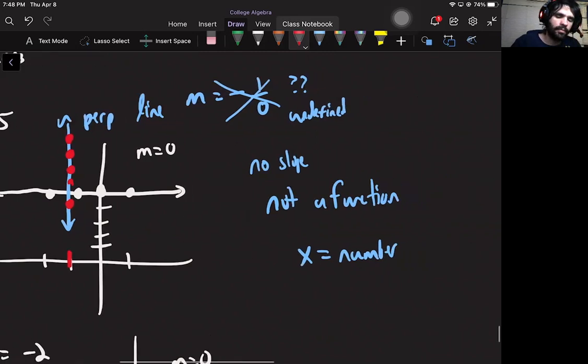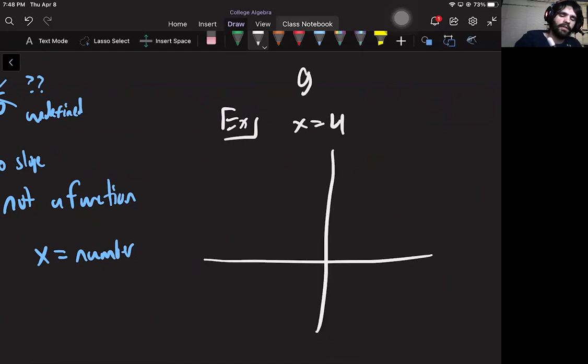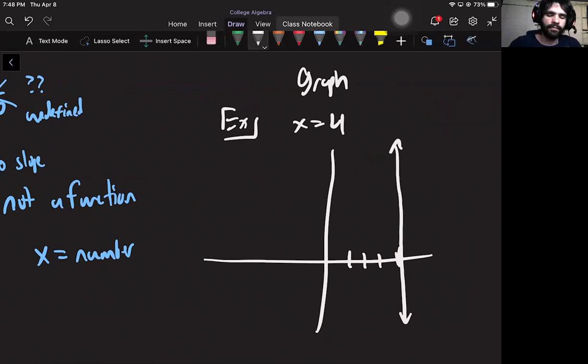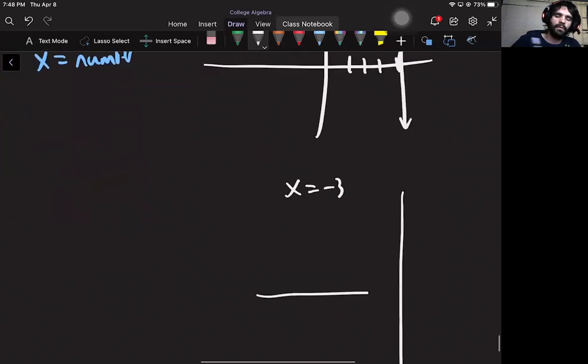So for example, I can now quickly draw something like x equals 4. If I want to graph this, it's not a function, but it is something I can still graph because it's an equation. Oops, I sort of missed. Okay, 4 is right there. And it would just be that. And then x equals -3 would be same thing, but at -3.